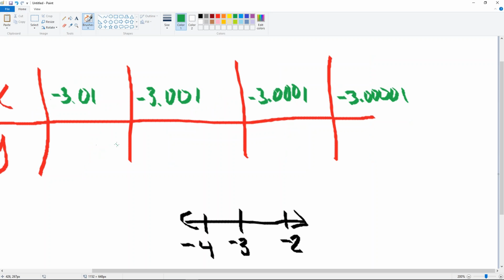And then just plug them in and get an answer, and then from your answers you're going to figure out where it's going. Okay.